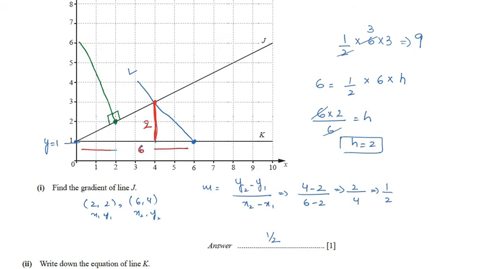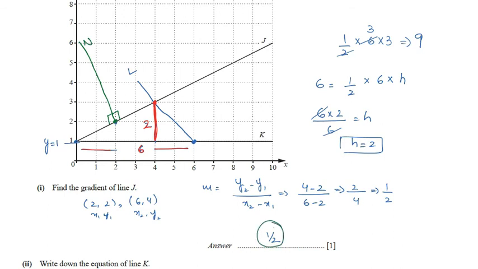Okay, so to find the y-intercept, we will find the equation of this line N. As we know, the gradient of J, which we found in the first part, is 1/2.